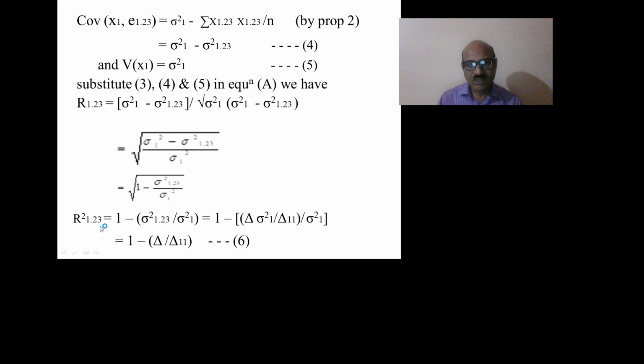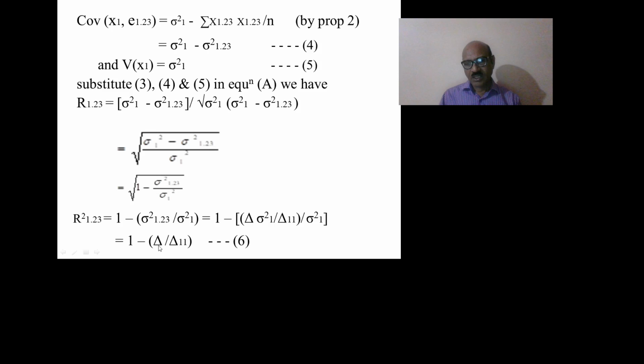Now as we have already proved in the derivation of variance of residual, sigma 1.23 square can be written in terms of delta as delta into sigma 1 square divided by delta 11. We have proved this already, and this sigma 1 square remains as it is. Now this sigma 1 square and this sigma 1 square will get cancelled, and you are left with 1 minus delta upon delta 11 as your sixth expression.